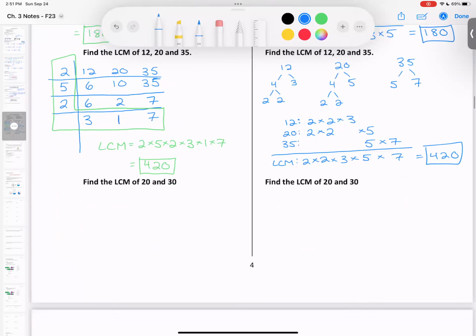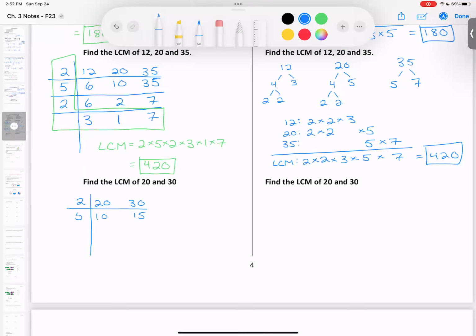And last one here, we want to find the least common multiple of 20 and 30. So let's do the division method, 20, 30. Both of those, now I want to divide by a prime factor. So right away I'm like, oh, both of those are divisible by 10, but I don't want to put 10 there. I'm going to put 2 there. That gives me 10 and 15.